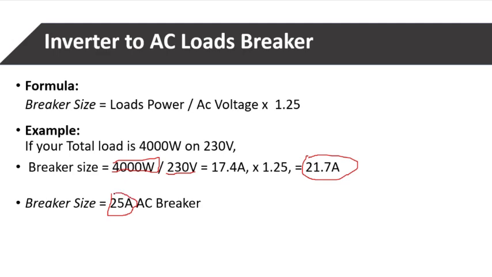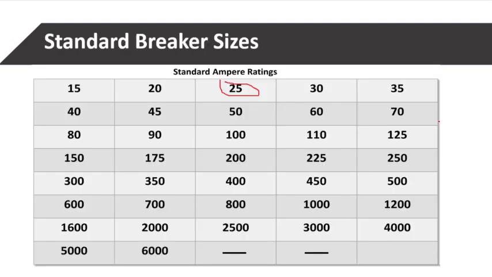Now, if you oversize your breaker, maybe you install a 50 amps breaker here, and your cable can only handle 20 amps. The 25 is the one you're supposed to install, but you install the bigger one because you want to oversize it.